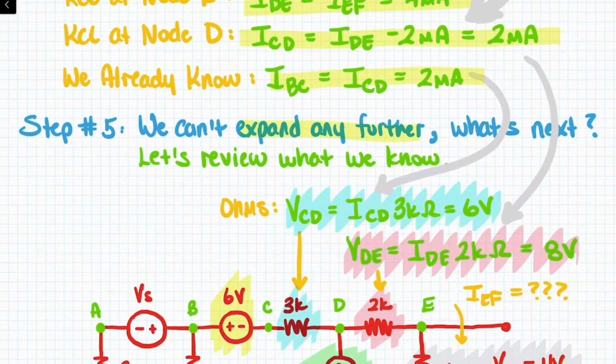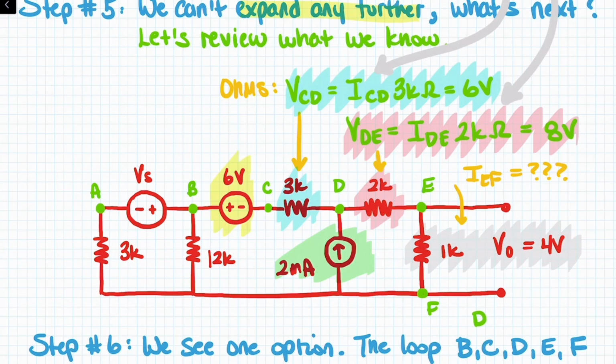So what I did was I redrew the circuit here, but including now our known values. So we always knew this source. We always knew this source. We didn't previously know the voltage here or the current, but now we do. We know that VCD is equal to ICD times 3 kilo ohms, which is 6 volts. That's highlighted in the blue.